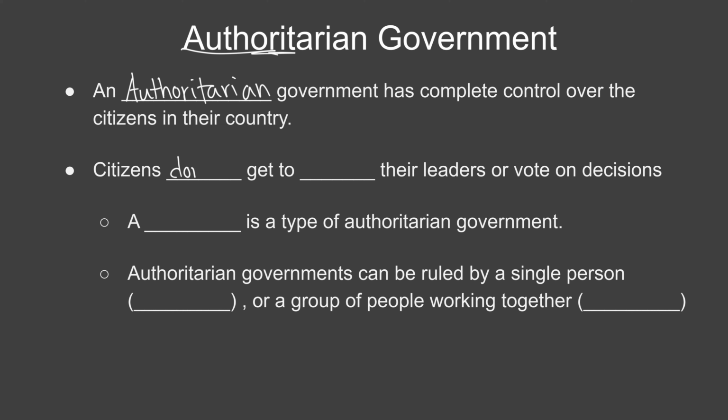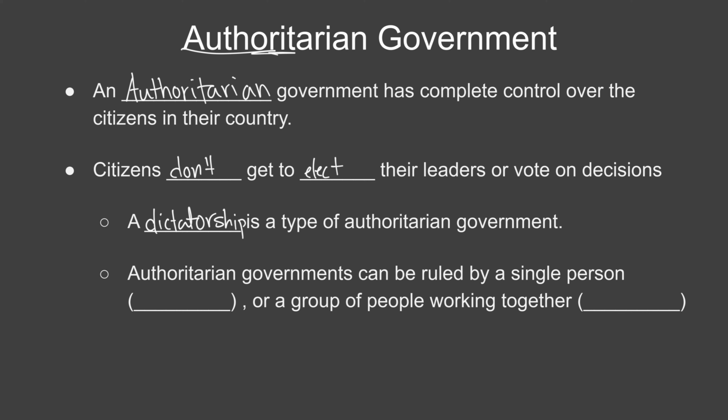Citizens don't get to elect their leaders or vote on any decisions. So citizens have no power in an authoritarian government. The name for this that you've probably heard, it's one type, is a dictatorship. So a dictatorship is a type of authoritarian government.